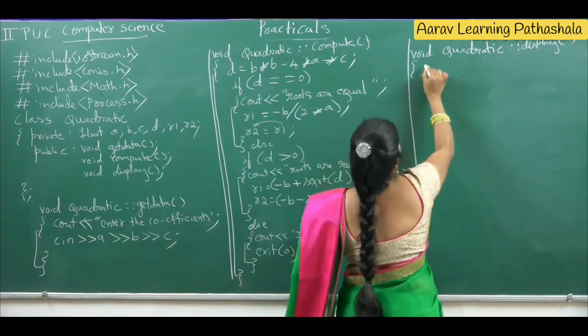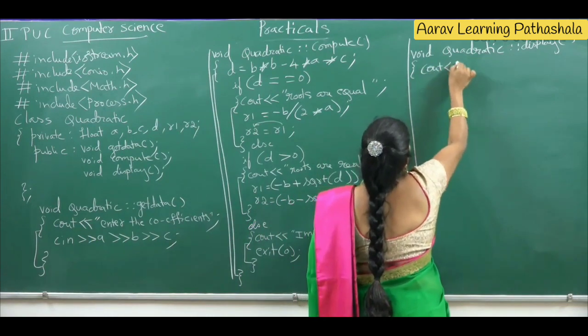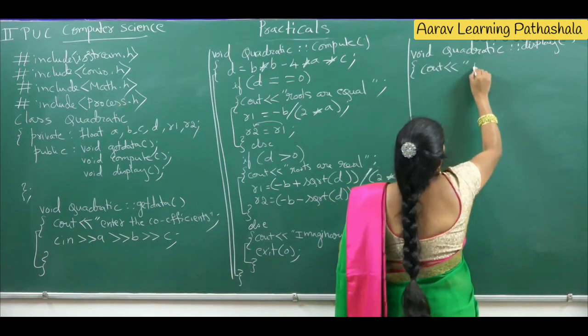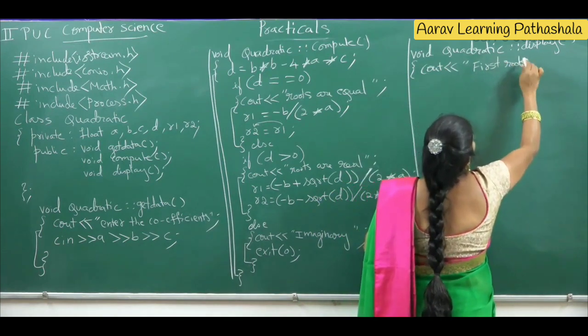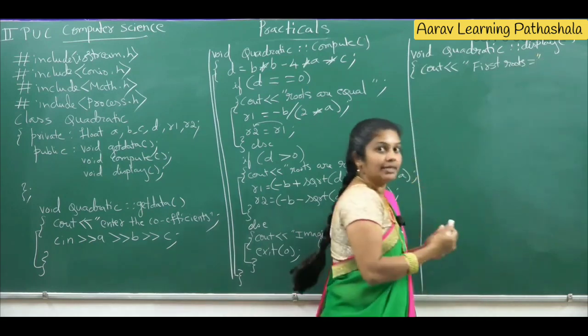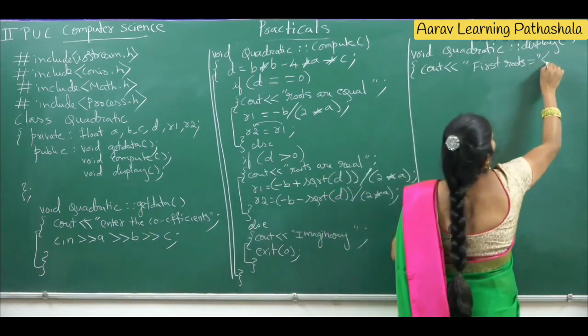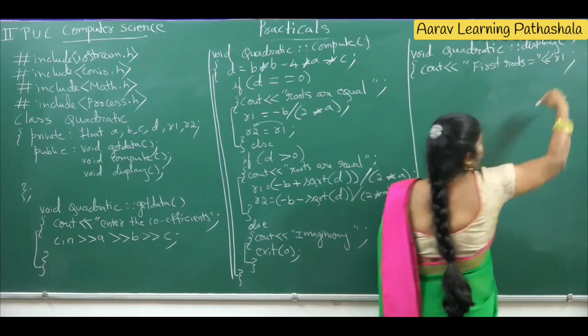That's why cout first root equals. Then display the value where exactly the result is present, that is R1.